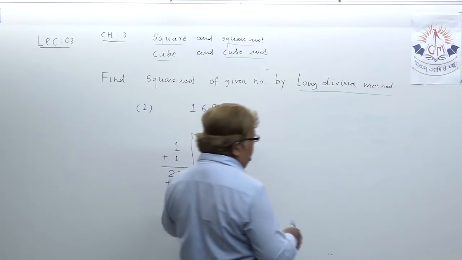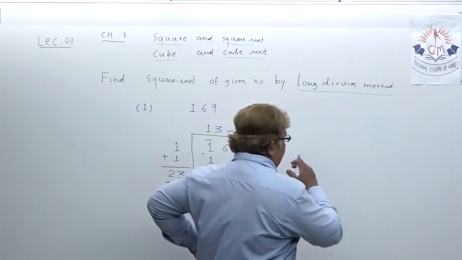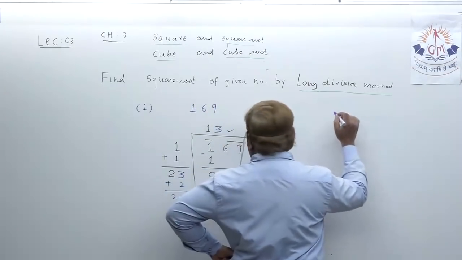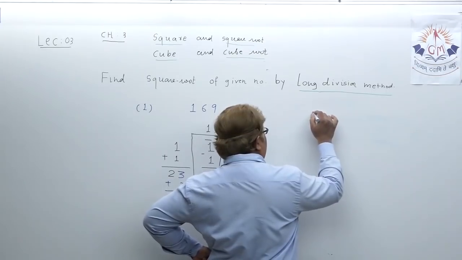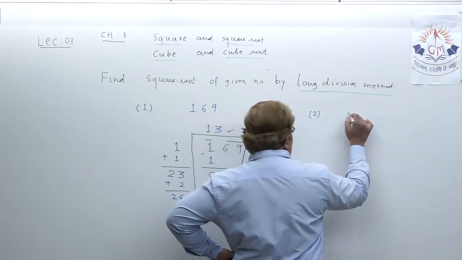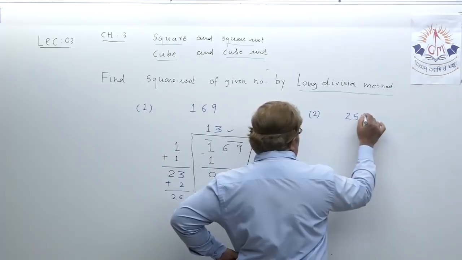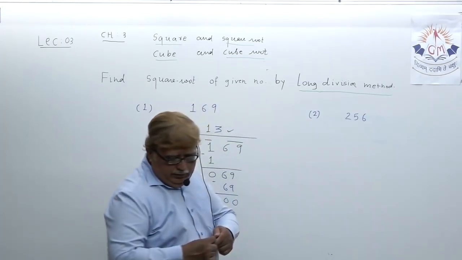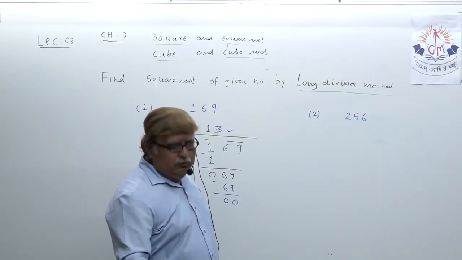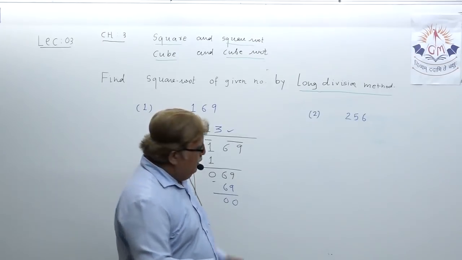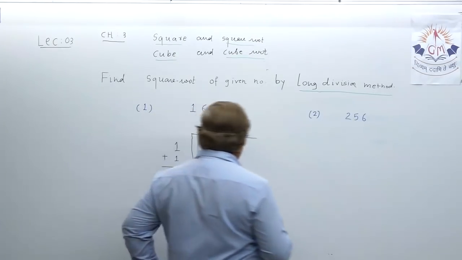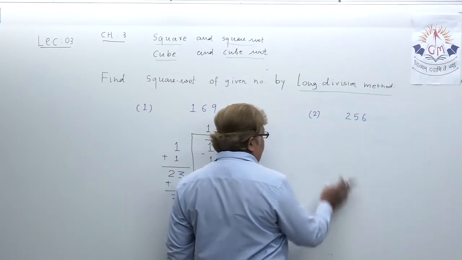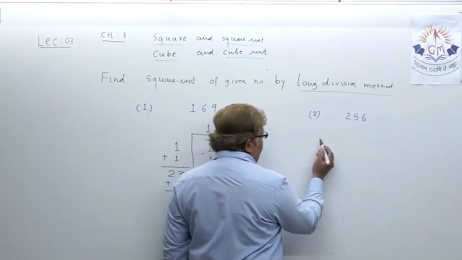Okay, my dear student, let me take one number. Chalo. A well-known number. Again, let us take 256. Let us try to find the square root by the long division method. Can you speak the first step?